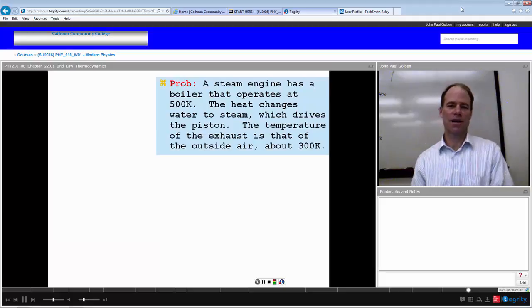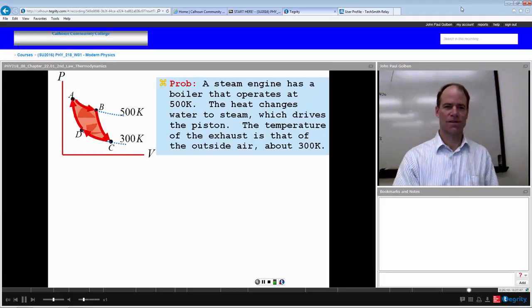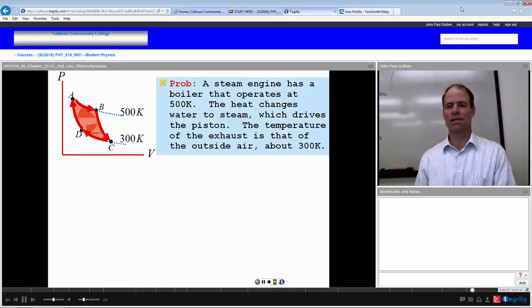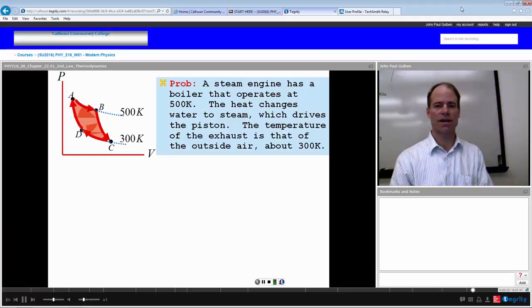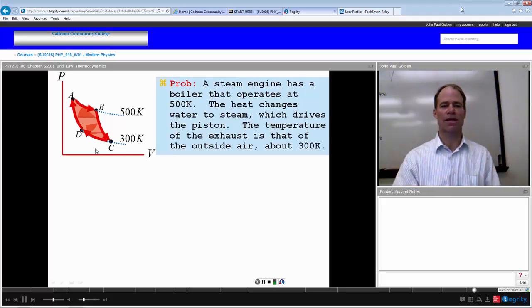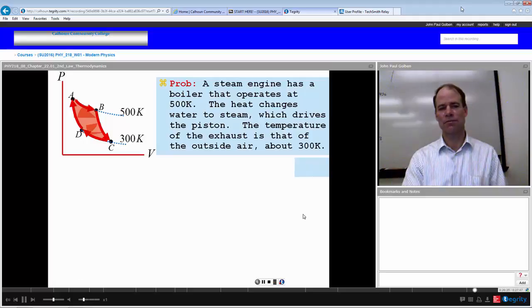Let's try an example of the Carnot efficiency. A steam engine has a boiler that operates at 500 Kelvin. The heat changes water to steam, which drives a piston. The temperature of the exhaust is that of the outside air, about 300 Kelvin or room temperature. So we have a cycle between two temperatures.